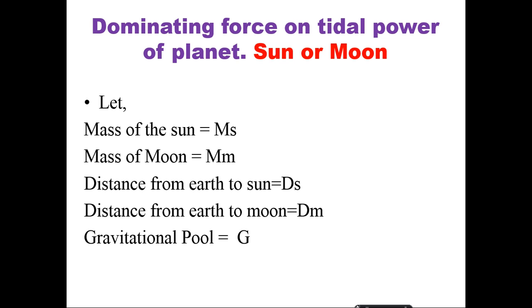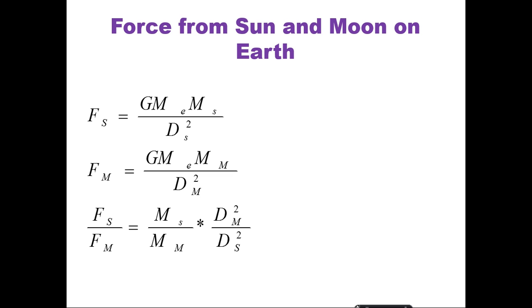Now talking about the dominating force on the tidal power, that is, how the moon has more gravitational pull compared to the sun, mathematically. Begin with the mass of the sun and the mass of the moon, the distance from the earth to the sun, that is ds, the distance from the earth to the moon, that is dm, and the gravitational constant g.